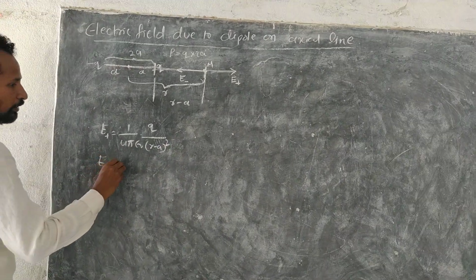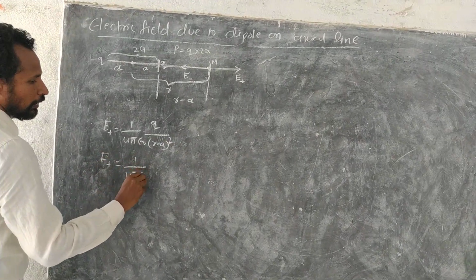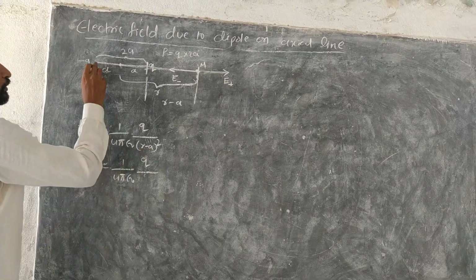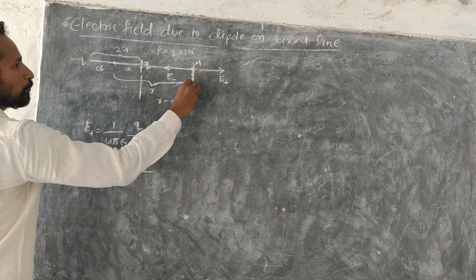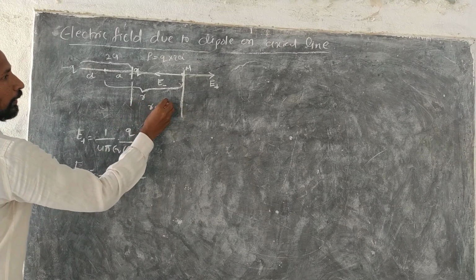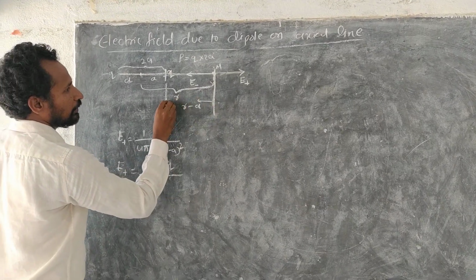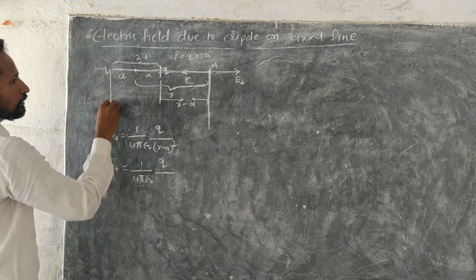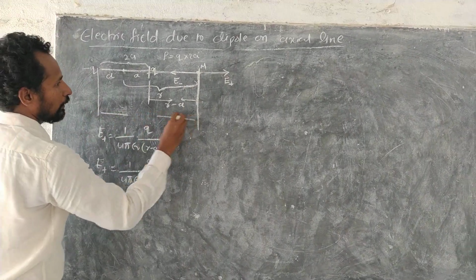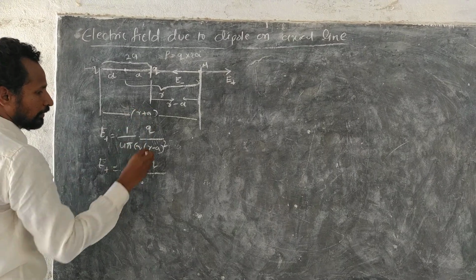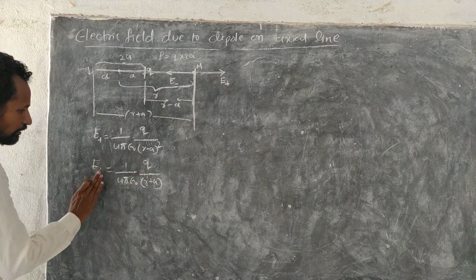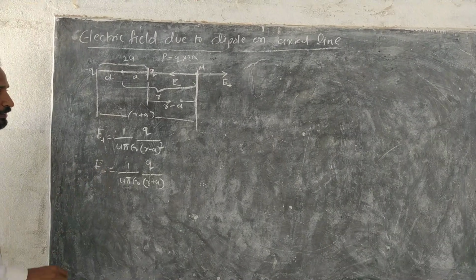So E plus is 1 by 4 pi epsilon naught, q by (r minus a) whole square. And M to the negative charge will be r plus a, so this is the negative charge, E minus.